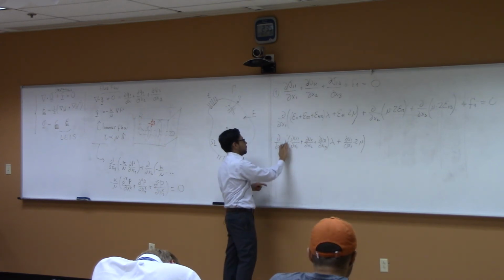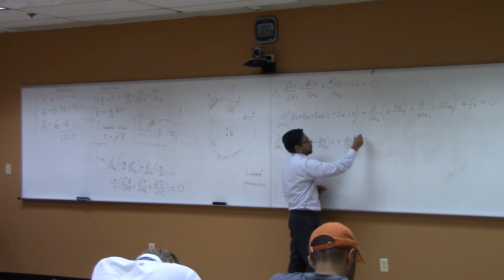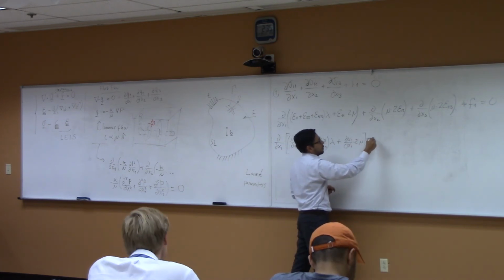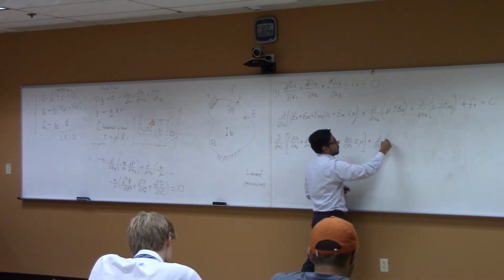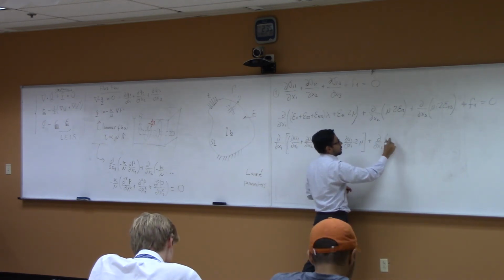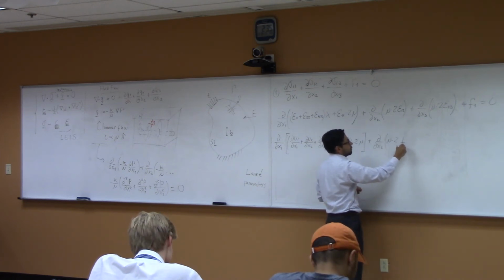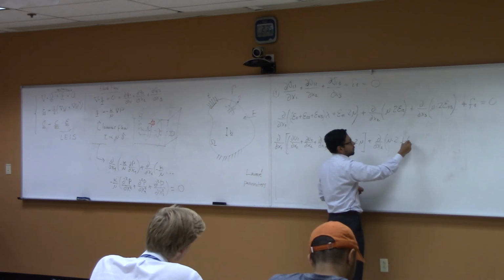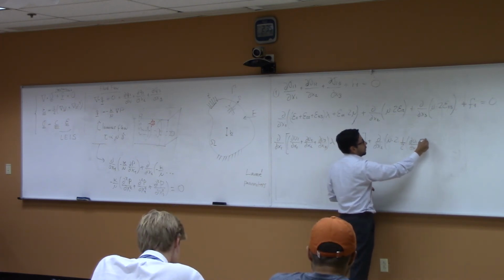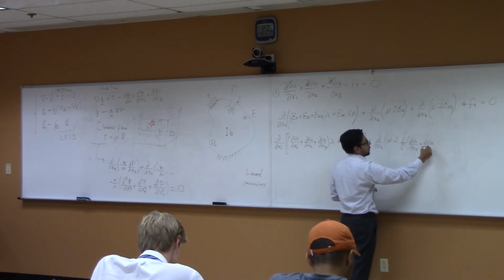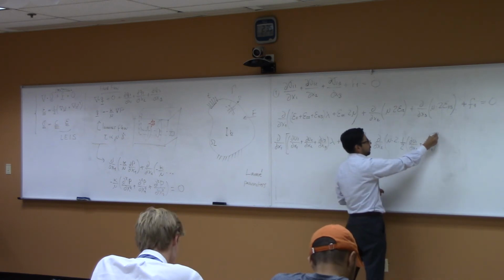So this is that term. Let me change it for brackets. Plus mu, this is 2 times, and now I have 1/2 of du1 dx2 plus du2 dx1, right? Just let me know if you see any mistake.